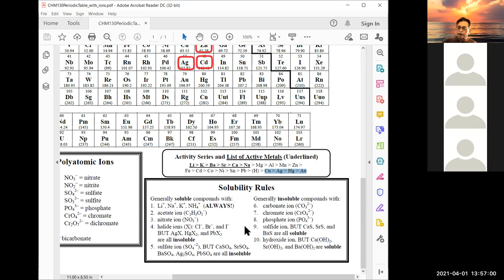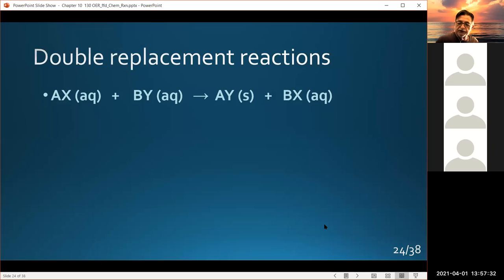With double displacement reactions, you'll find the two reactants are very soluble in water to begin with, and most of the time they're going to be polyatomic ions attached to the compound. Not always, but you tend to pick up a trend. The point is, solubility rules are what determine whether a double replacement reaction will proceed.